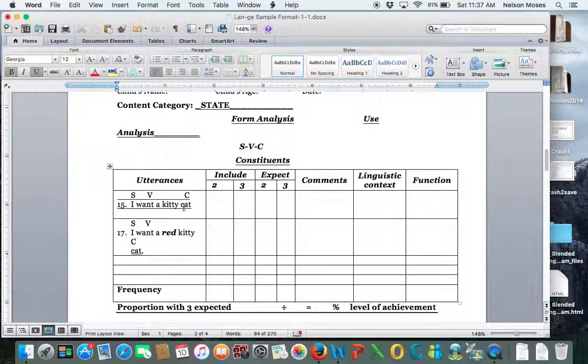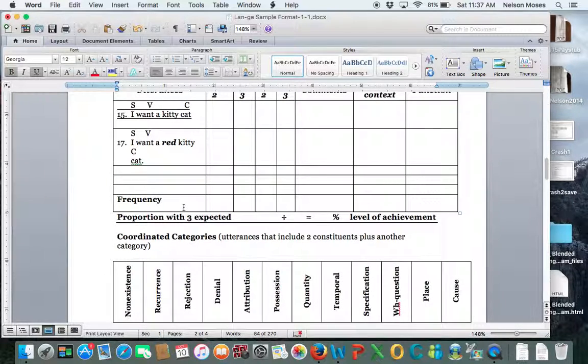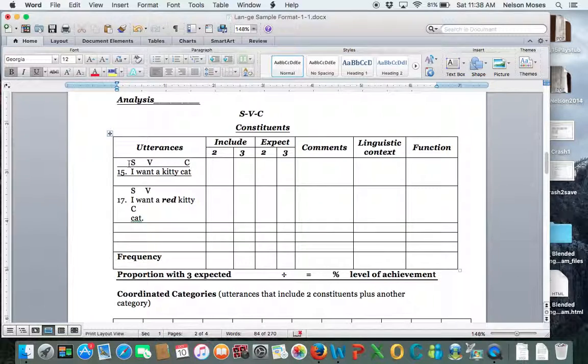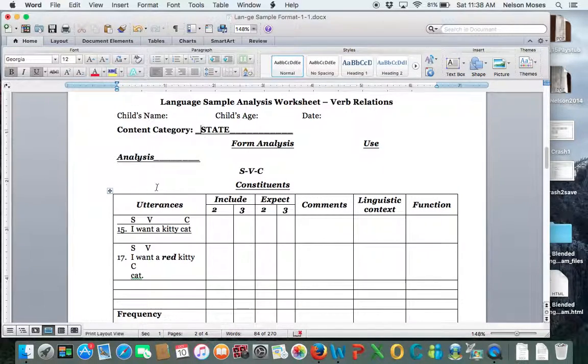Following me? Good. And in all cases, when I go through the sample and grade it and evaluate how you've done, I will scan down, mark SVC in my own mind, and see if the SVC corresponds in the utterances on that page to the content category named on top.